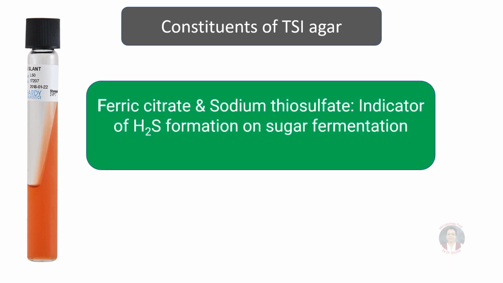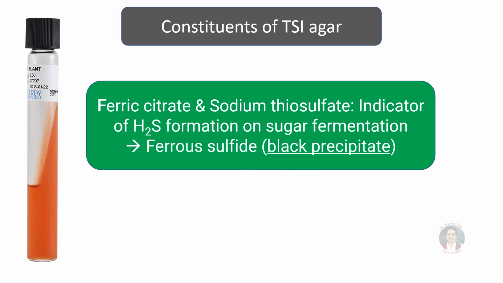Now, for detection of H2S production, ferric citrate and sodium thiosulfate are added in this medium. When H2S is produced, these chemicals will combine with H2S to form ferrous sulfide, and this is going to be seen as a black precipitate.